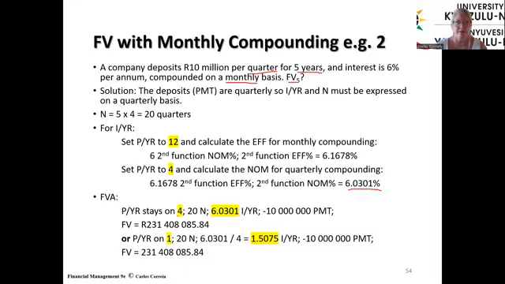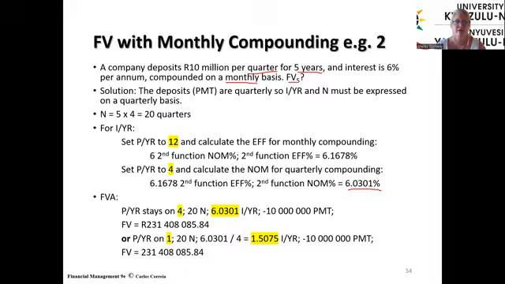So we're going to keep our PYR setting on 4. We're going to enter 20 as our N, this nominal rate of 6.0301 as our percent. The calculator is going to divide it by 4 because of the setting here. Minus 10 million is our payment, our quarterly deposits, and we hit FV. Okay.